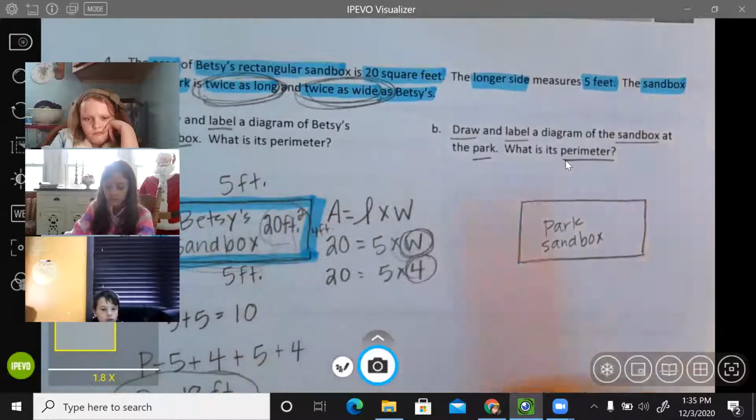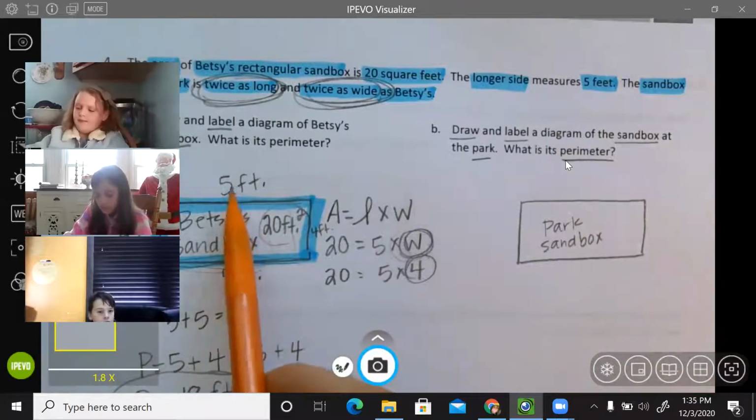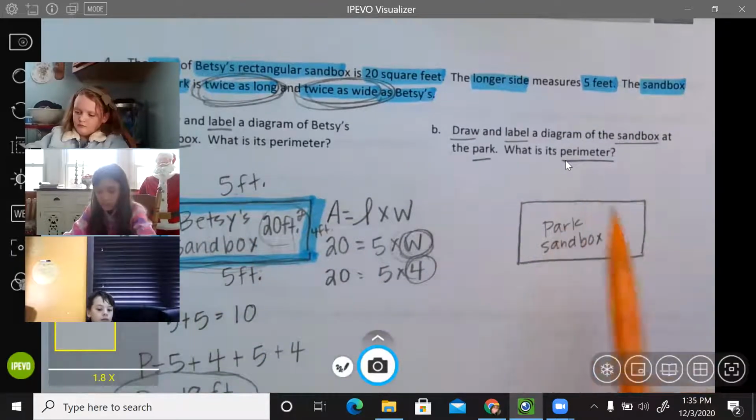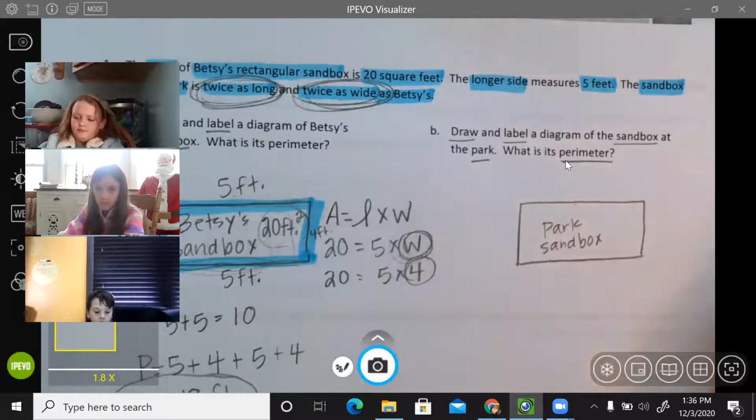So Carson, if we know that this sandbox is twice as long, what would we do to figure out how long this sandbox is? Multiply.